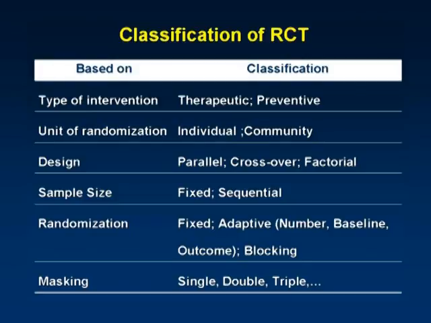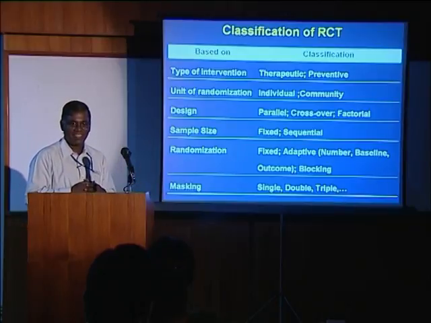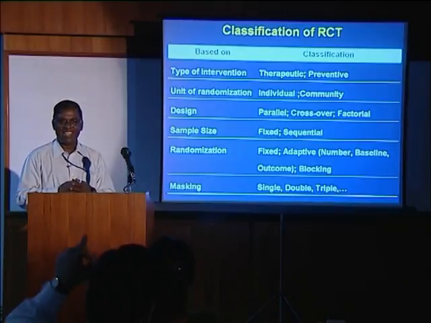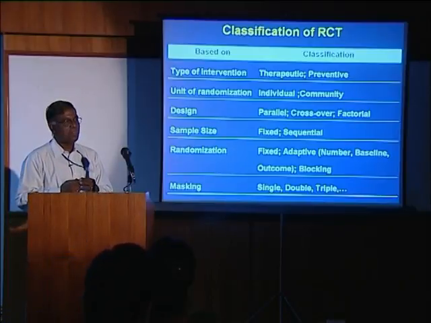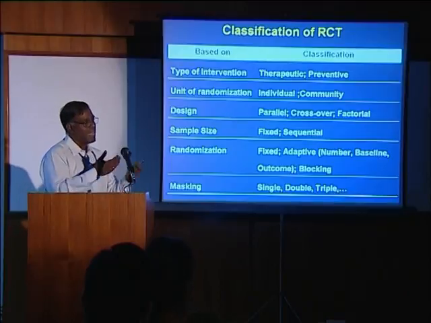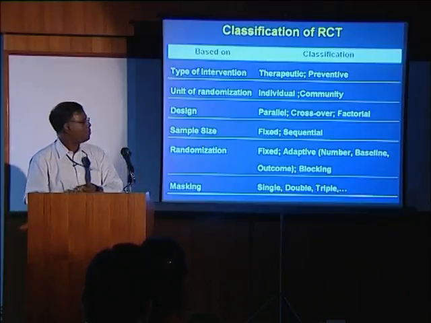Design: it could be parallel, crossover, or factorial. How many of you are comfortable with all these three? Okay. Parallel is where at the same time you give this drug to some and that drug to the others. Okay.